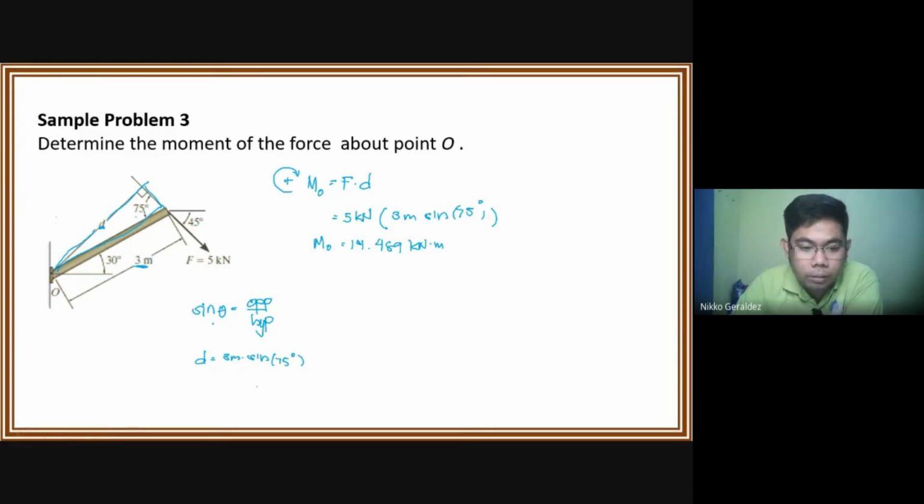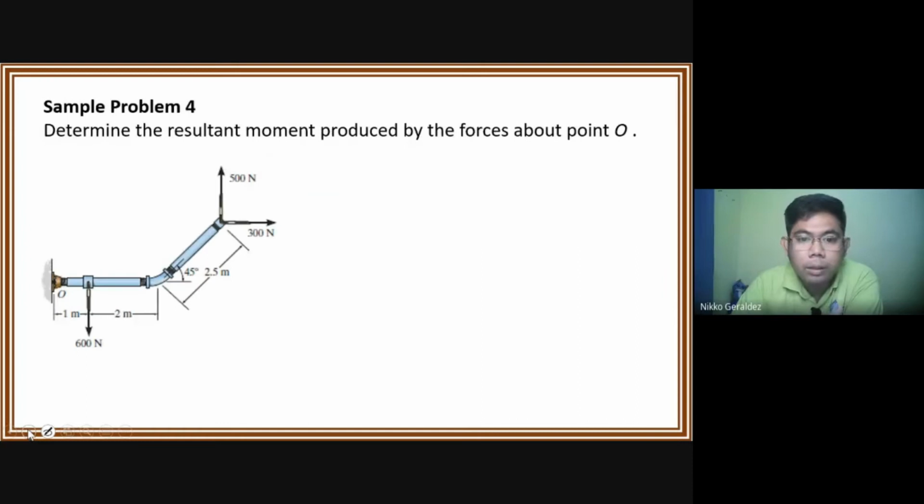So next example: determine the resultant moment produced by the forces about point O. So, resultant at point O. Formula natin: moment resultant at point O is equal to summation of force times perpendicular distance, clockwise, positive.